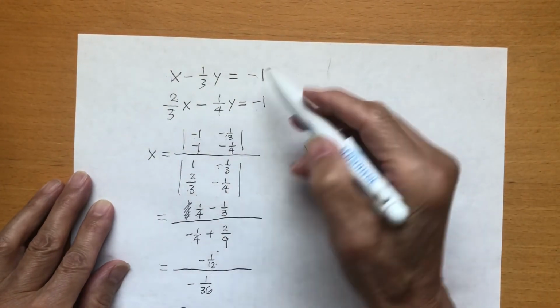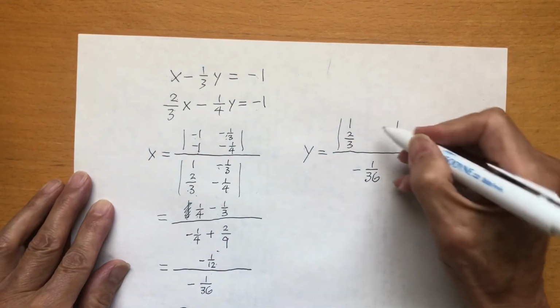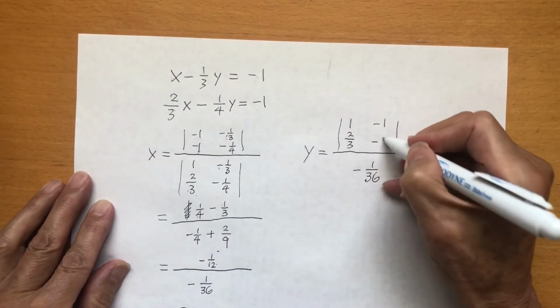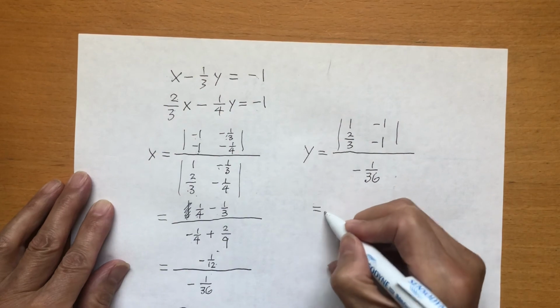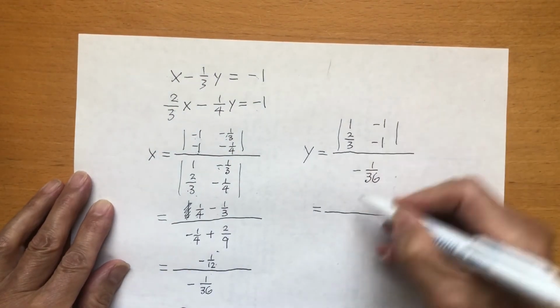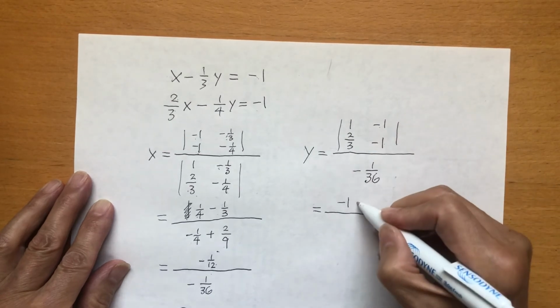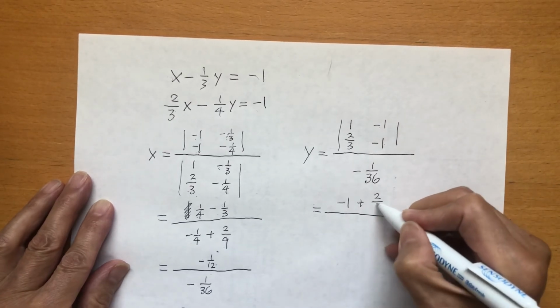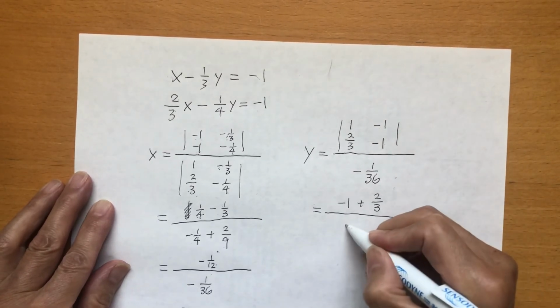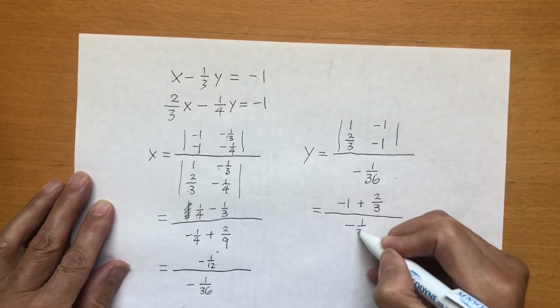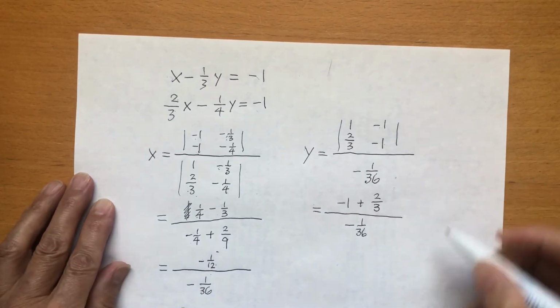These two numbers are replaced by -1, -1. So this times that minus this times that. The bottom is the same as the denominator of x.